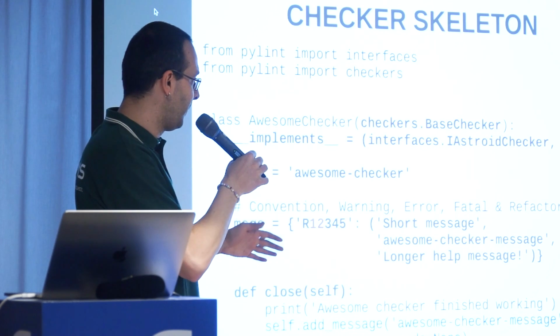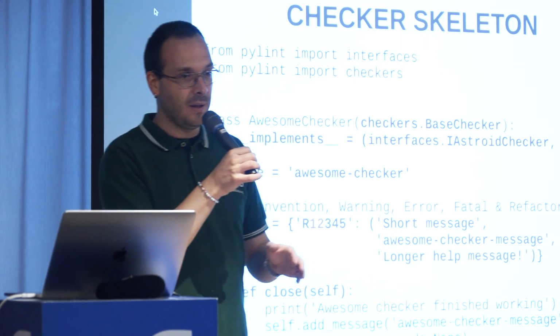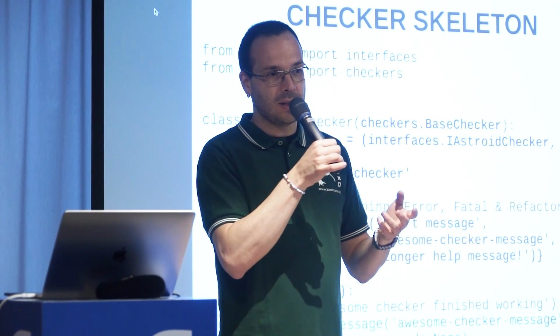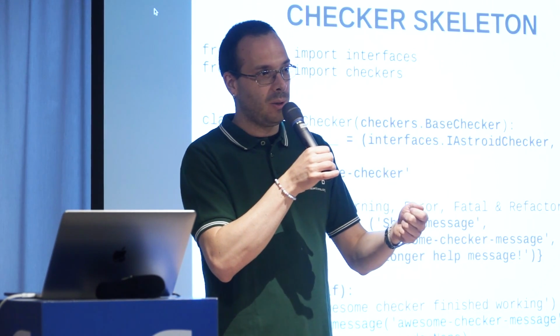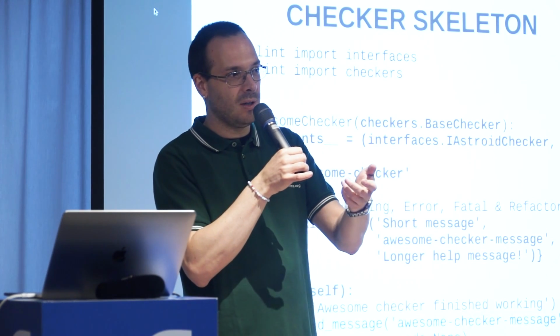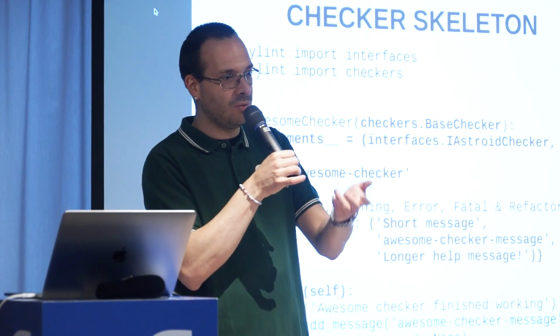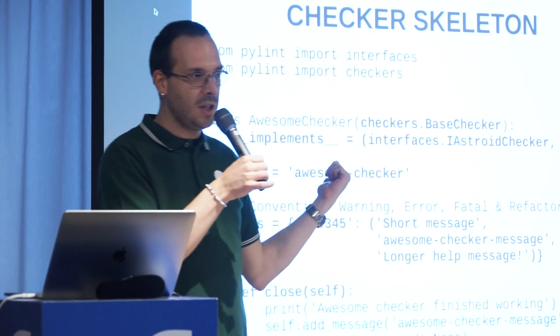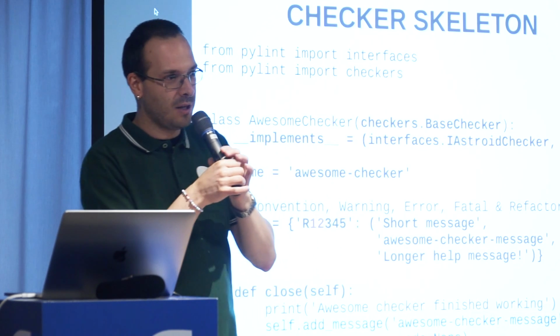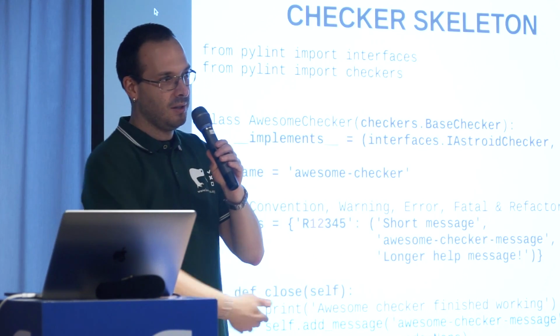And the last one, this is less known. This message can be on several lines. And there are additional options to PyLint where you can display the long help, and it will tell you why this error is a problem, how to fix it. This is what you see when you Google for how do I fix this PyLint error, and you give the error name, and you see the answer.